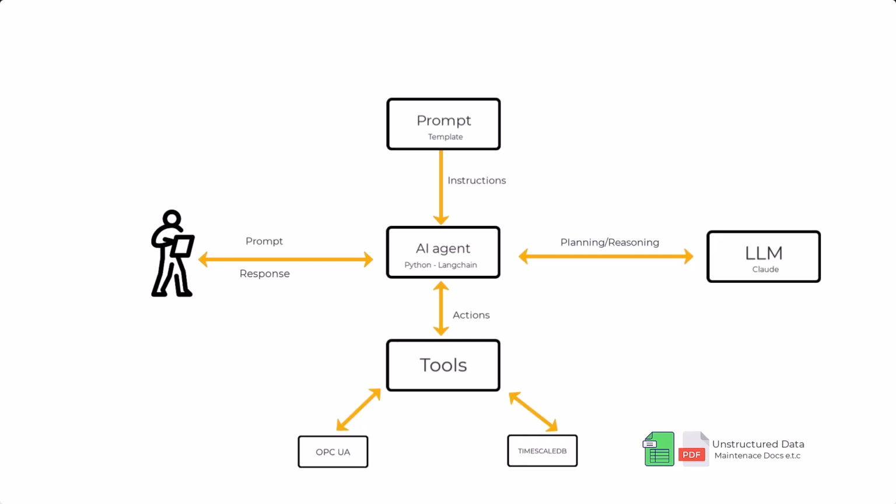Now, instead of just passing the user's request directly like that, we want to utilize the information in our maintenance documents to enrich the query with additional context. And to do that, we first need to put our documents into a format that makes it easy to match what the user is asking with any relevant information in those documents. In other words, we want to enable semantic search.